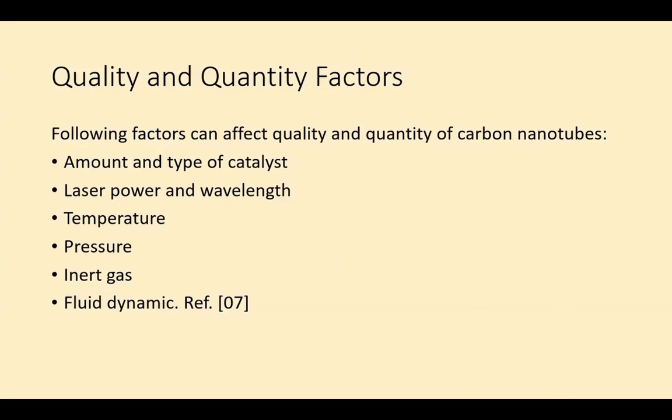Normally, we use argon and hydrogen gas as a carrier for the laser process, but lighter gases are more efficient for rapid cooling than heavier ones. Also, the fluid dynamics of the whole process matter for quality and quantity factors.